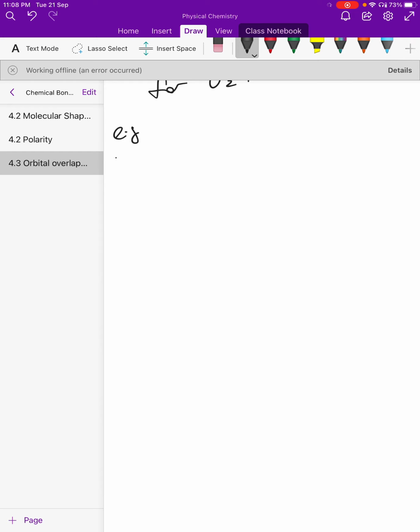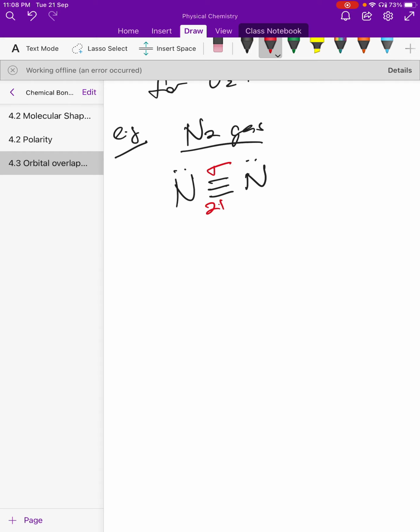Now we look at the third example, another classic example. Example number 3, nitrogen gas. When we draw the Lewis structure for nitrogen, we will get a triple bond. Now a triple bond is a bit different because a triple bond consists of 1 sigma and 2 pi. So we can begin writing the electronic configuration, 7. This is the electronic configuration of nitrogen.